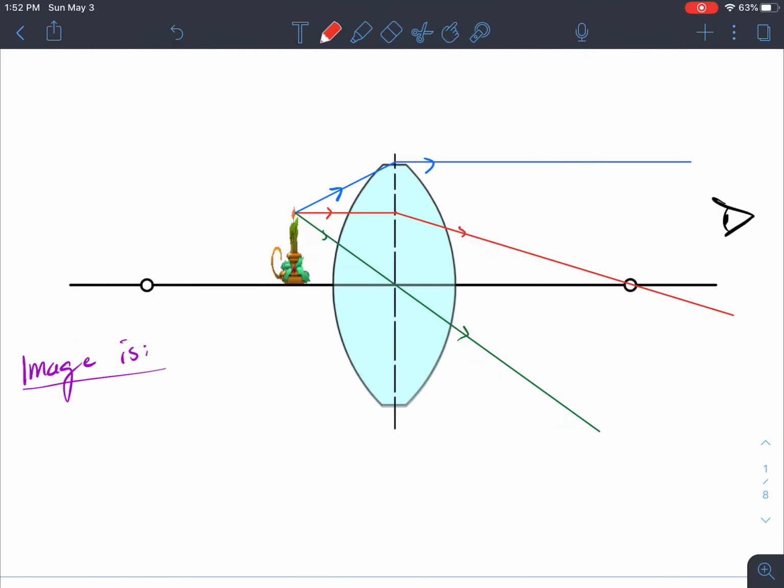Okay, so what we're going to do is extend these behind the mirror and try to keep them as straight as possible, which sometimes is easier said than done. We're going to make sure that they are dashed because these are virtual rays. They're not actual light rays. Okay, there's my red. Here's my blue.